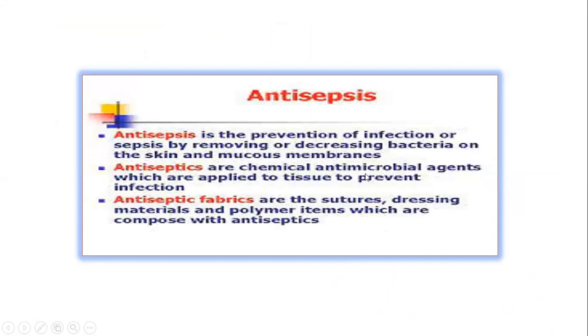Antiseptics are chemical antimicrobial agents which are applied to tissue to prevent infection. Antiseptic fabrics are the sutures, dressing materials, and polymer items which are composed with antiseptics.